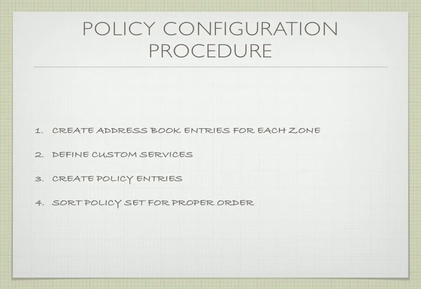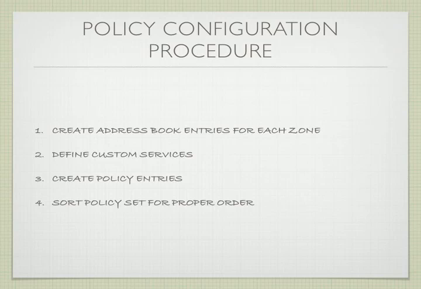For example, suppose you want to have a rule that blocks web traffic from a zone to the internet, but there's exceptions to that. And the exceptions then are going to be specific computers or a specific subsection of that subnet.